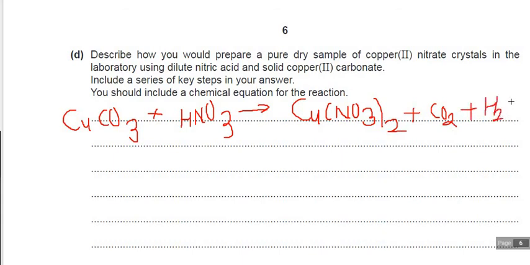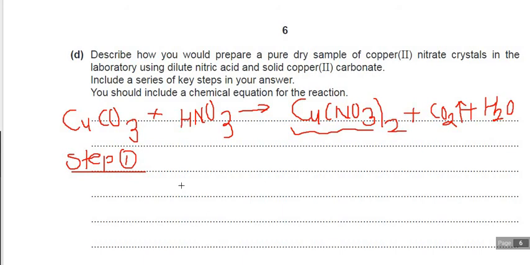So in step number 1, I am going to leave all the carbon dioxide that is produced. I will check that the effervescence has finished, and then I will take this copper nitrate. In step number 1, carbon dioxide gas goes into the atmosphere, but you have copper nitrate plus water.